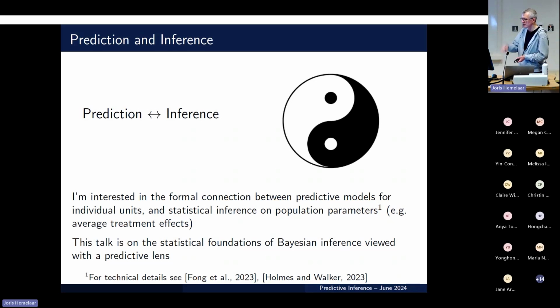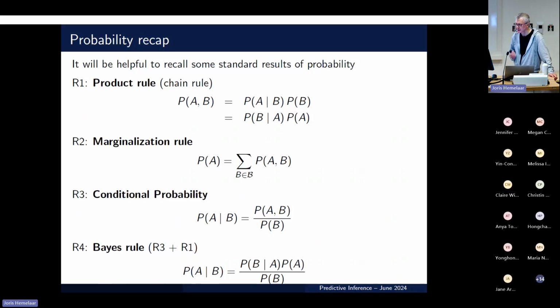And what I want to convince you is that those two things are, in a sense, one and the same in Bayesian inference. When you're looking at Bayesian probability, posterior probabilities, you're actually looking at statements about predictions on the population scale. And there are some technical papers that back this up by myself and co-authors.